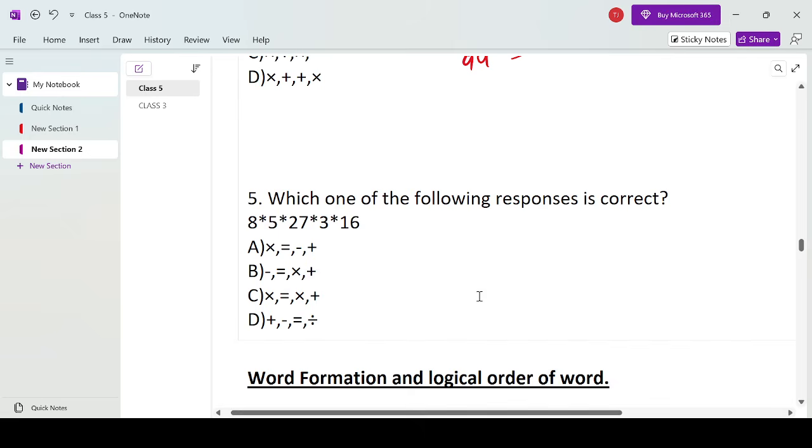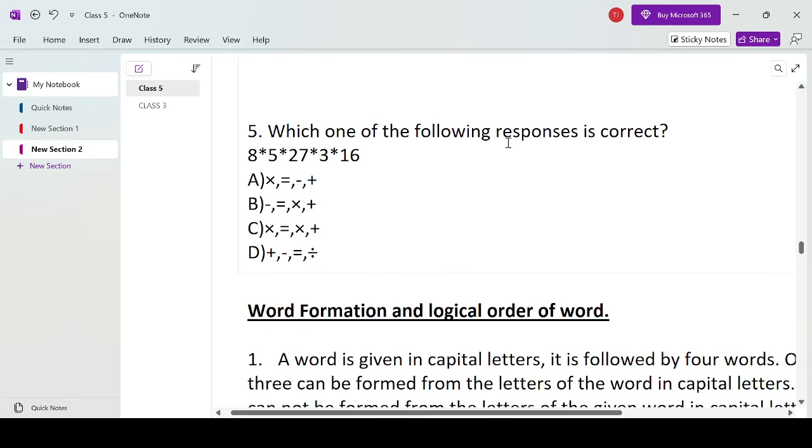Next one will be the same as before. First let's check option A: into 5 is equal to 27 minus 3 plus 16. So here 8 fives are 40.